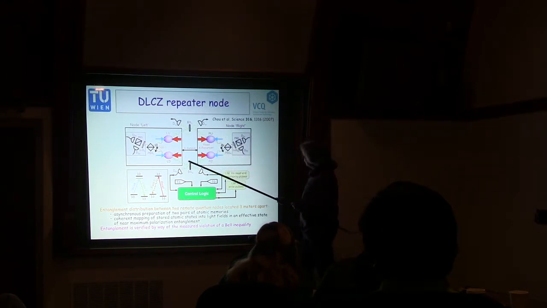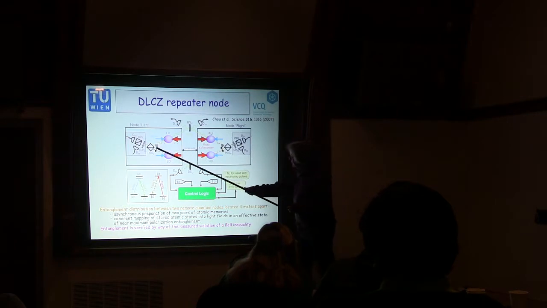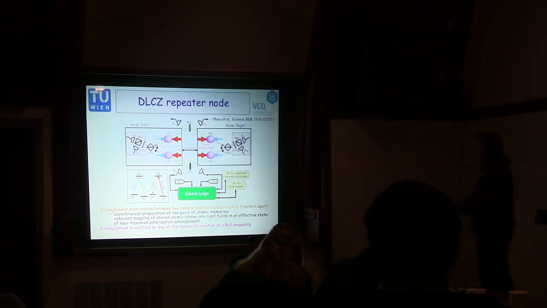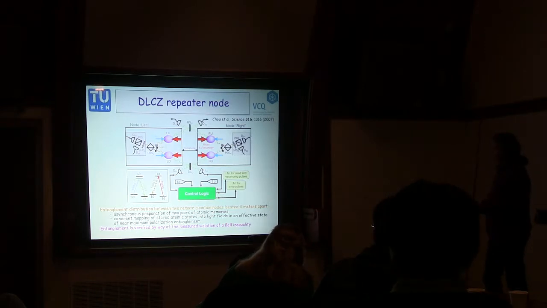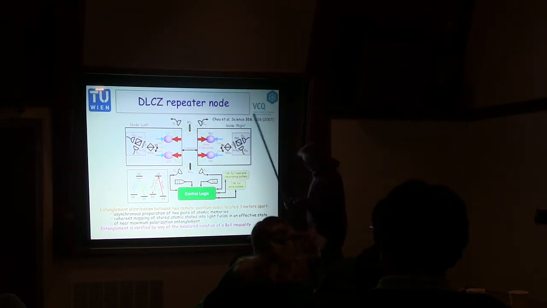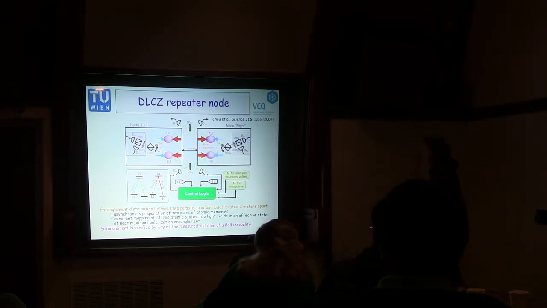Then you do a second one, do a Bell state measurement, and read them out. You can see that you can basically make a type of entanglement creation. But this was very complicated because you had to phase stabilize everything.